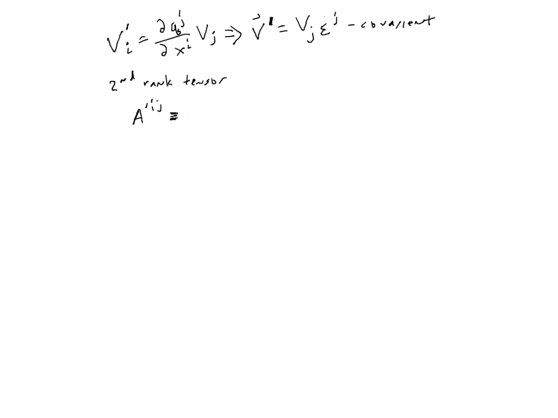So you can think of it as being equal to epsilon i epsilon j times A. All right, I think I got that wrong. Whoops. Yeah, I did. I got a little bit ahead of myself on that one.